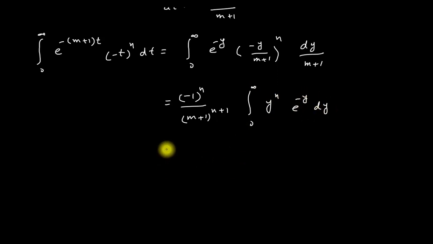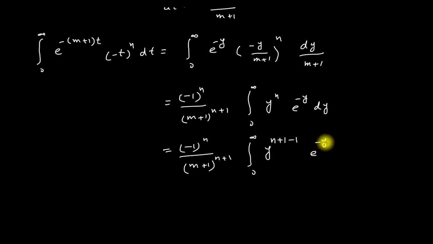Now, this can also be written as (minus 1) to the power n divided by (m+1) to the power n+1 times the integral from 0 to infinity of y to the power (n+1) minus 1 e to the power minus y dy.